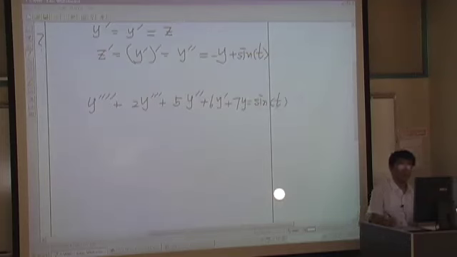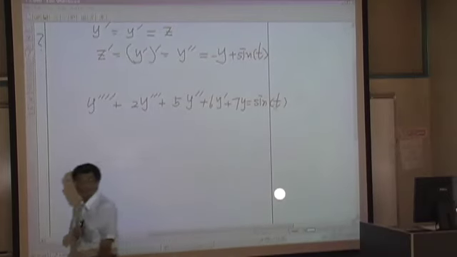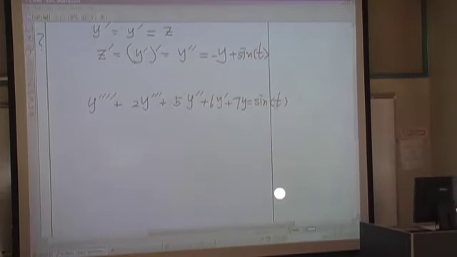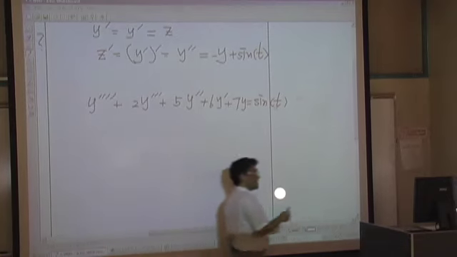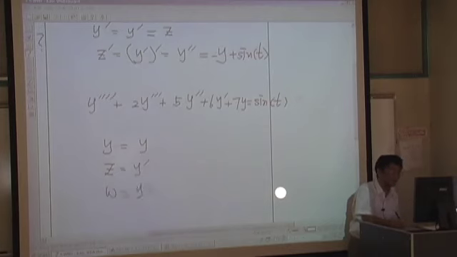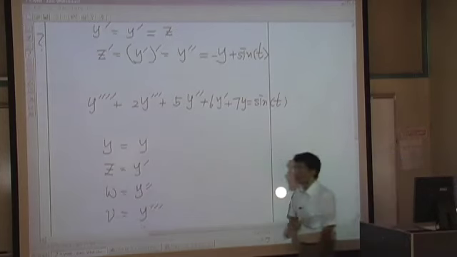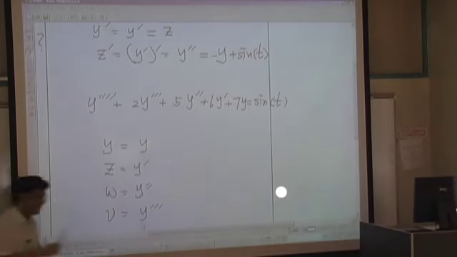Assume that you have a higher order differential equation. What is the idea? How can we make a system of first order equations? So let's call y equals y, and then z equals y prime, and then w equals y second derivative, and then v equals y third derivative, right? So we use a lot of letters. Then what happens?